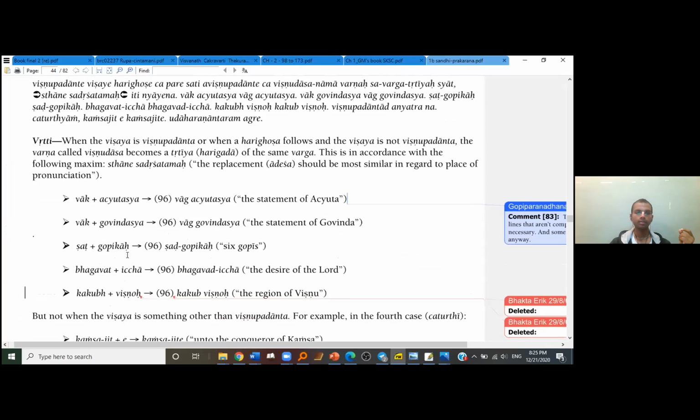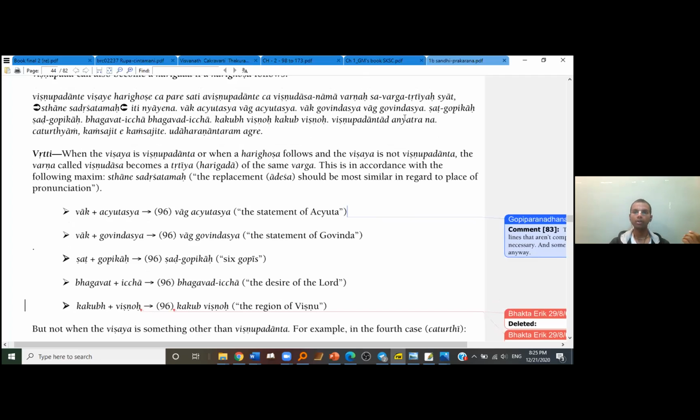Second example is Vak Govindasya. Here also, Vak is a Viṣṇu-pada. We have a Ka, which is viṣṇu-dāsa. It will change into the hari-gadā of its own varga. Viṣṇu-padānte viṣaye, hari-ghoṣe cha pare sati viṣṇu-padānte cha viṣṇu-dāsa nama varna savarga tritiya.